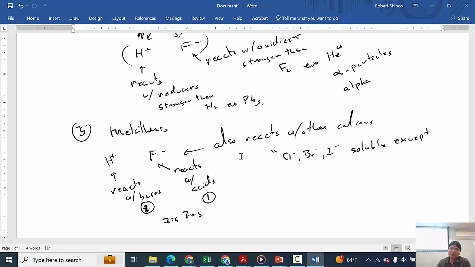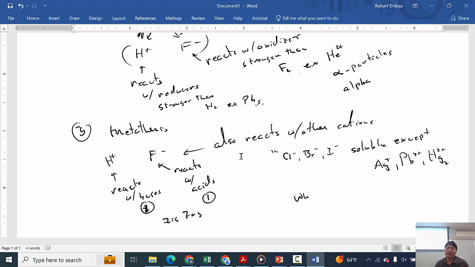Those are all soluble. I want the insoluble chlorides, bromides, and iodides. Lead, mercury, and one more. Nobody remembers? Silver. Silver, lead, mercury. Mercury 1, lead 2.